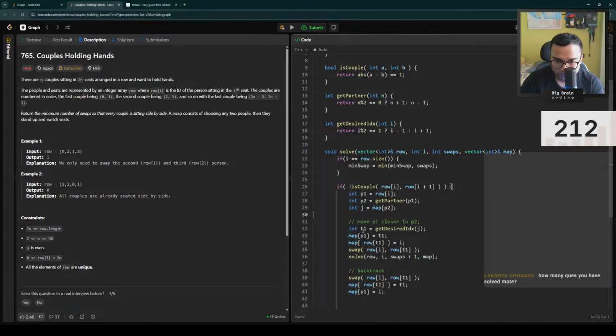Move P1 closer. Okay, I have to find the target T1 for J, right? Map of P1 becomes T1.